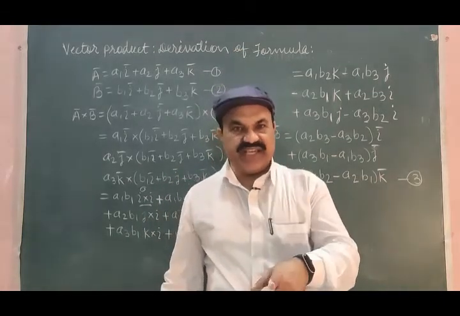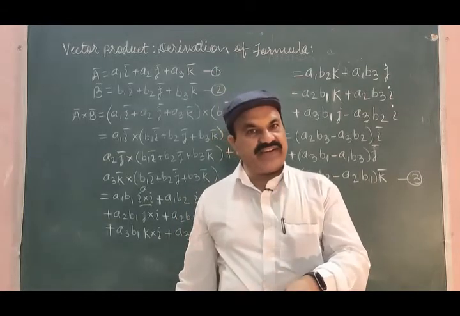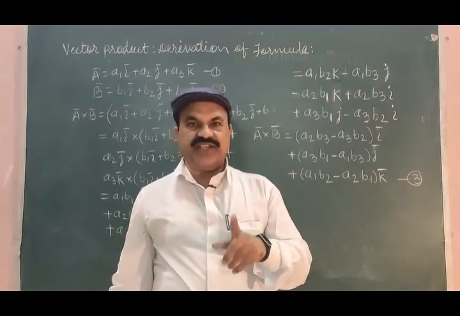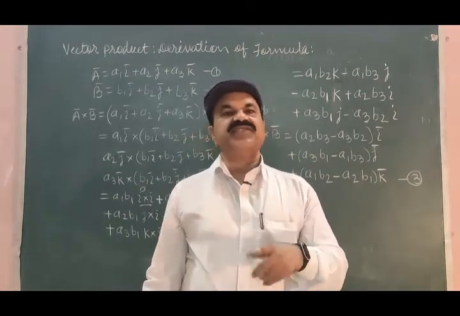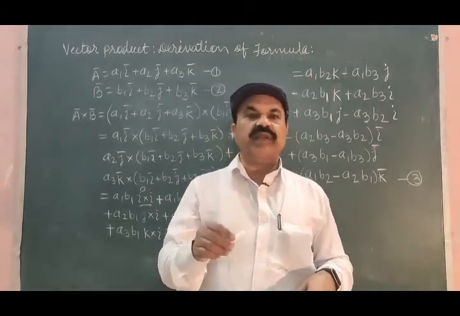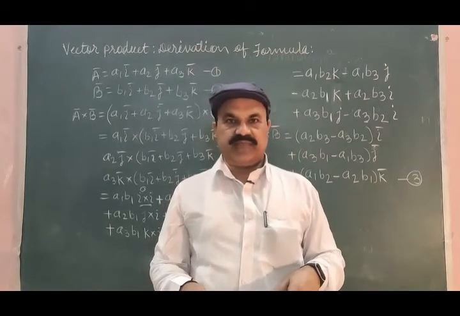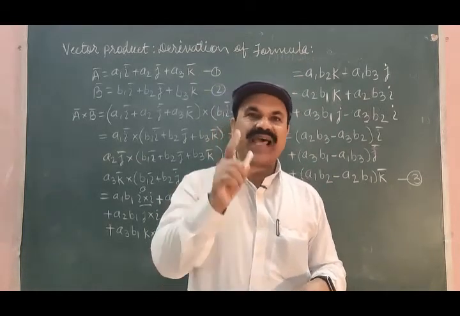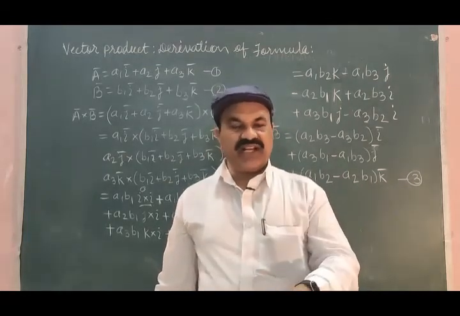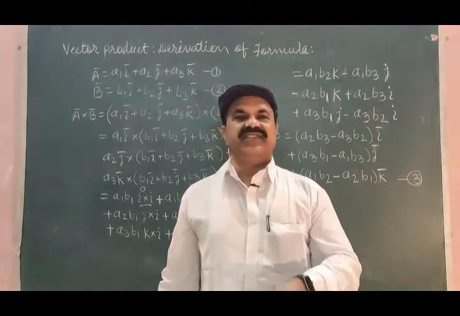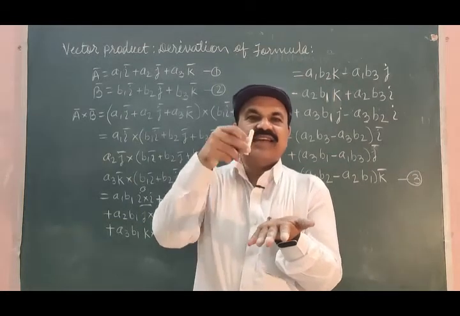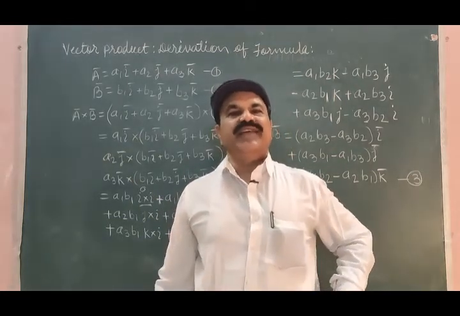As vector I cross vector j is equal to vector k, the cross product of two coplanar non-parallel vectors is always perpendicular to the plane containing the non-parallel vectors.